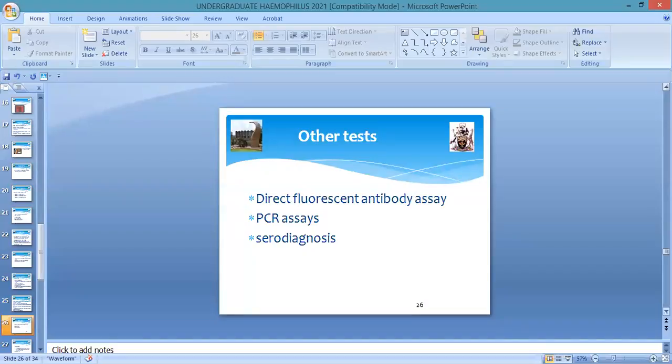Okay, so these ones are prompt, and you can get the results within a day, unlike culture where you have to wait around 12 to 14 days to get the results. The good thing with culture is it can enable you to perform antimicrobial susceptibility tests, because with these other tests, you may not be able to perform antimicrobial susceptibility tests.